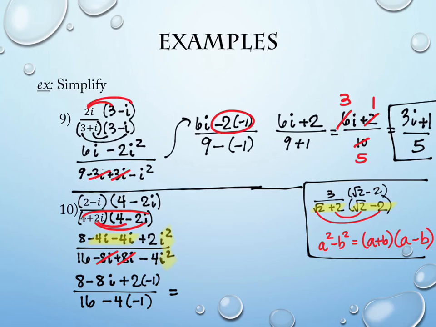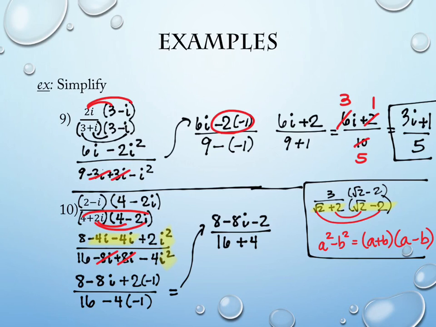All right, so we have 8 minus 8i, and then I have minus 2 on top. And on bottom, I have 16 plus 4.